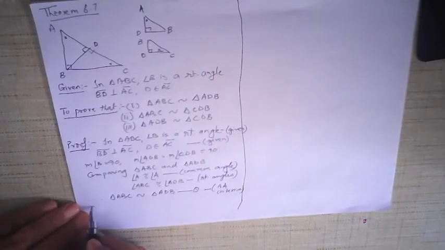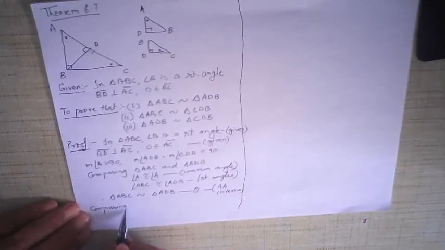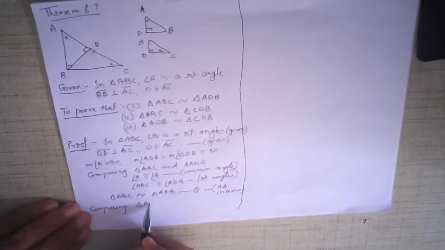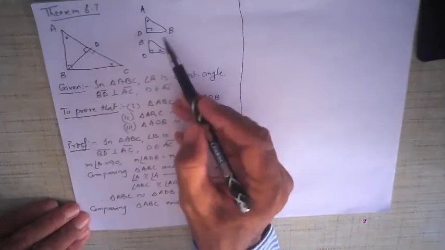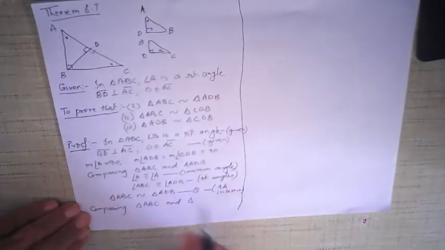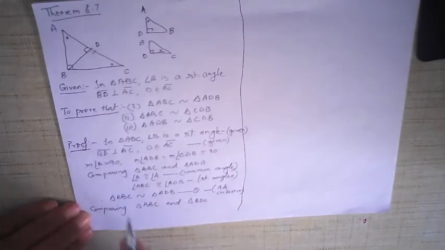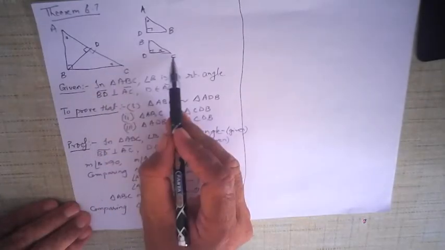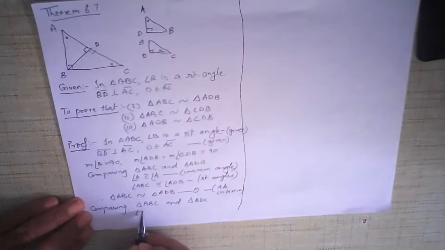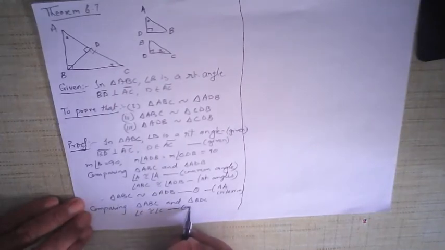Now we compare the other triangle. Comparing triangle ABC, that is the bigger triangle, and the other triangle BDC. Now again in the same way, you can see angle C is common. So I am writing angle C is congruent to angle C, common angle.